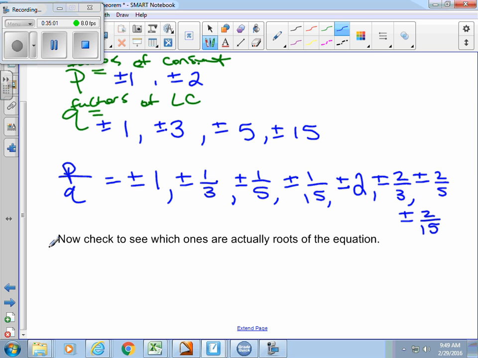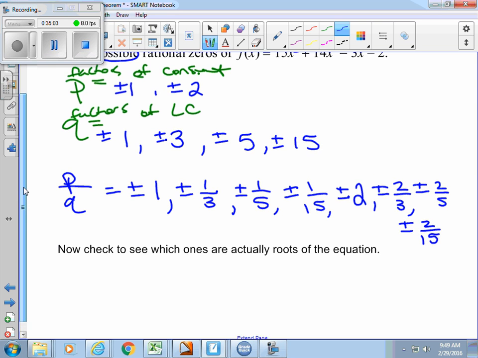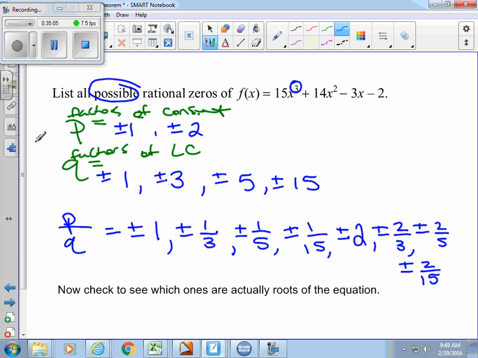Alright, so go back up to the top, the equation at the top, put that in your y equals: 15x cubed plus 14x squared minus 3x minus 2.